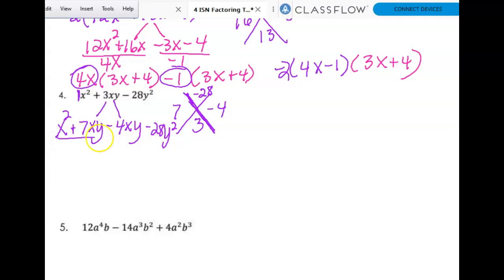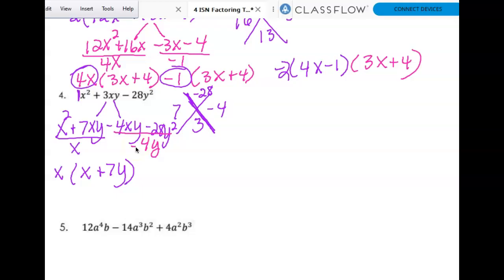So what do we have in common here? X. So I'm going to put x plus, what happens to the x's here? They cancel, and what does it leave you with? 7y. And on the next one, it is 4y. It's got to be negative.